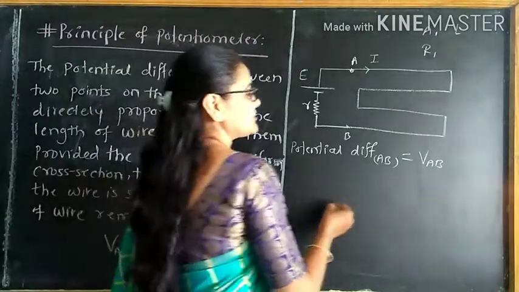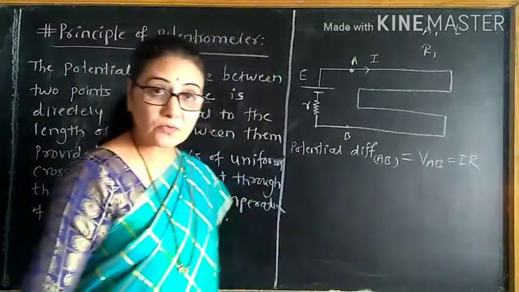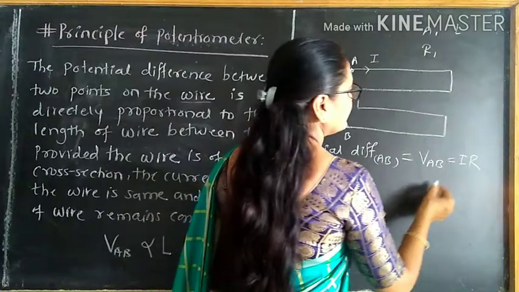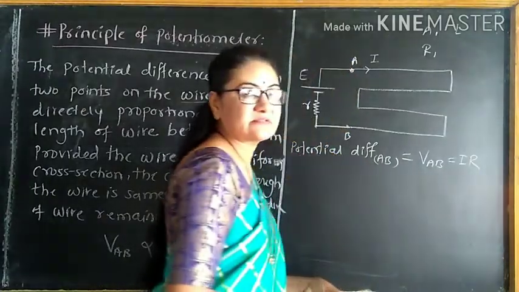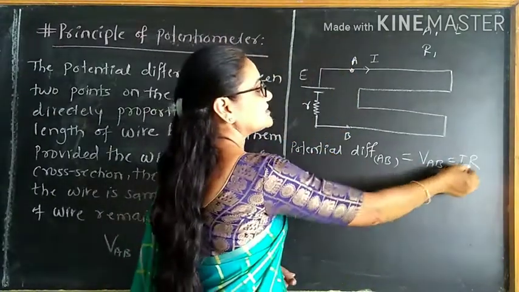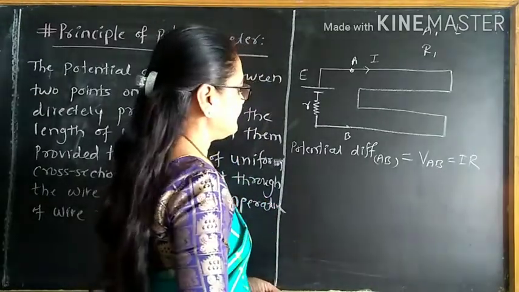According to Ohm's law, it will be current into resistance: VAB is equal to IR.